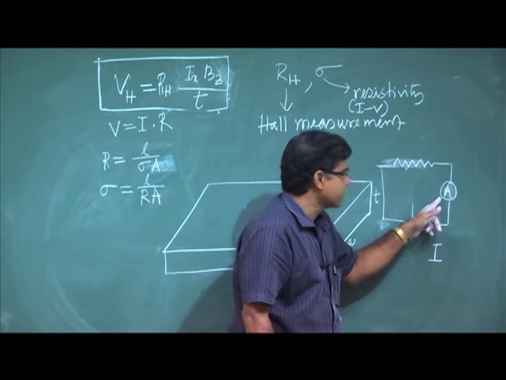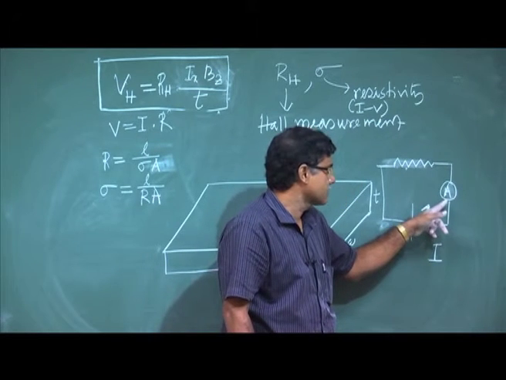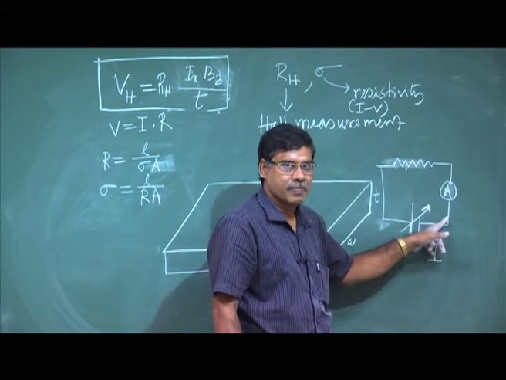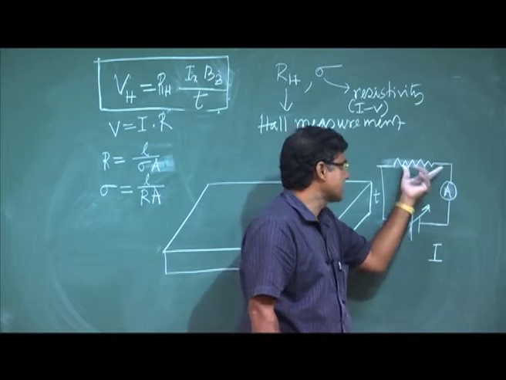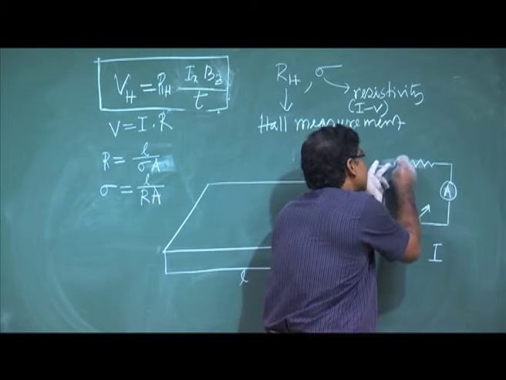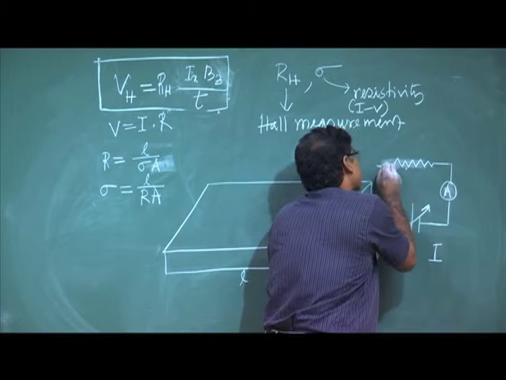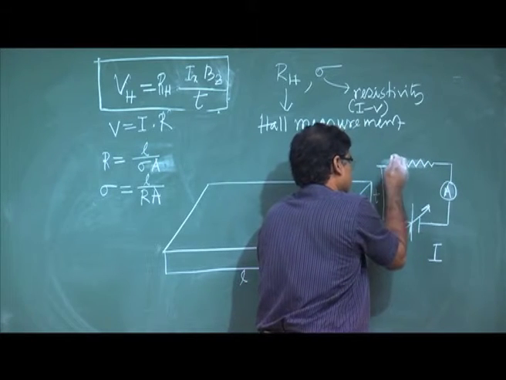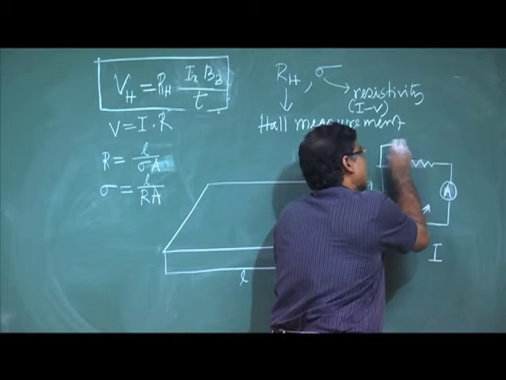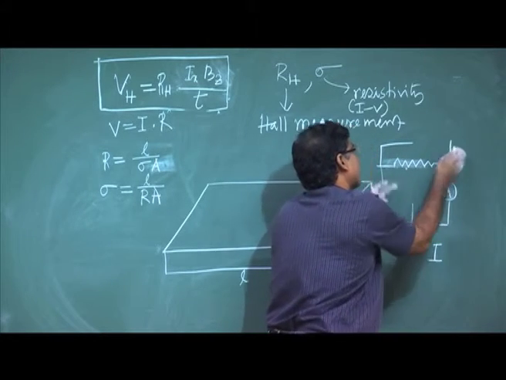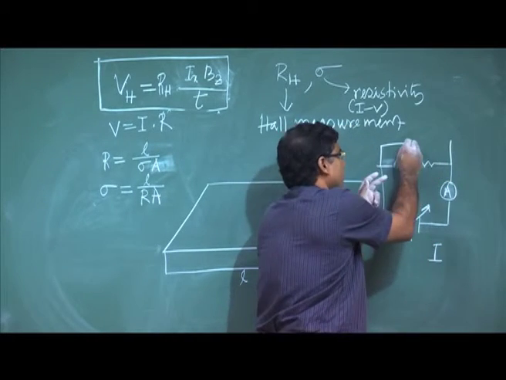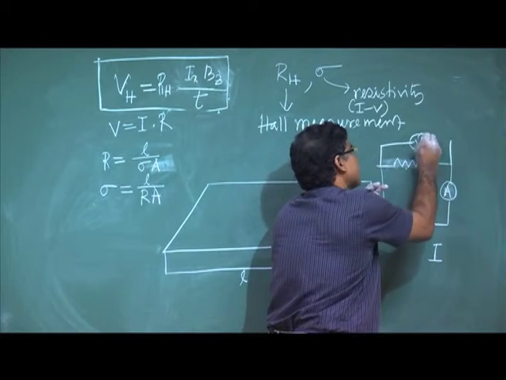Now, I set a current in this circuit. That current is I. This current is passing through this resistance, so I have to measure the voltage drop across this resistance. So, I have to use a voltmeter here.